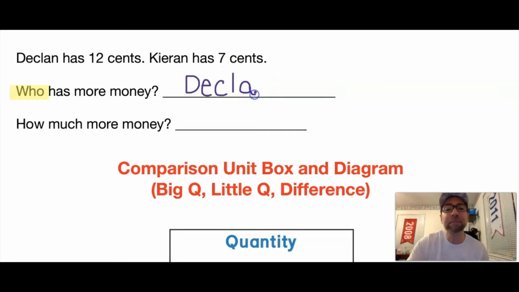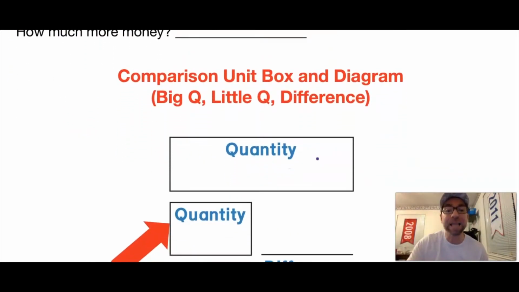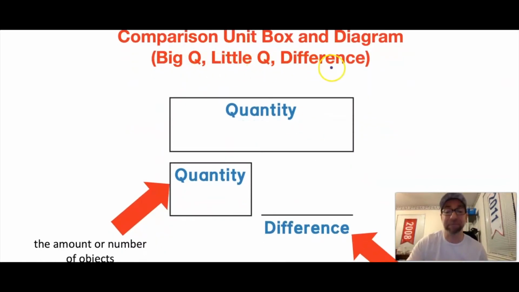Now, we have to figure out how much more money Declan has. And we're going to use what's called a comparison unit box and diagram. I like to call it big Q, little q difference. Here's my big Q, right at the top.